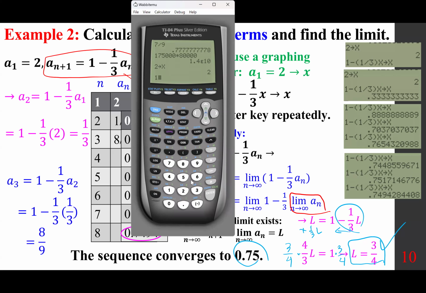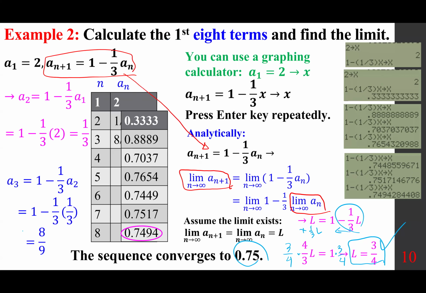And then 1 minus 1 divided by 3 X stored in X now. Enter, and we got this number here, 0.334.